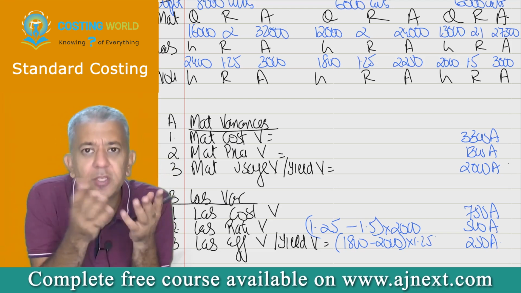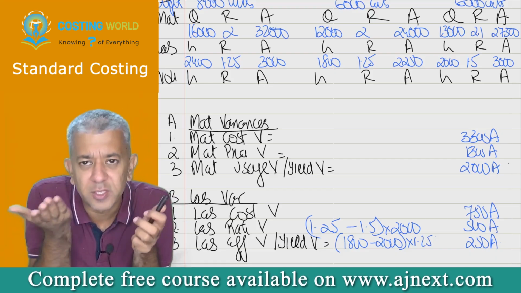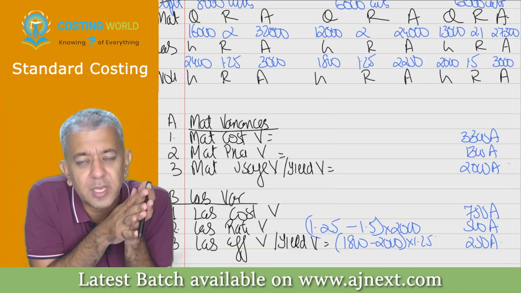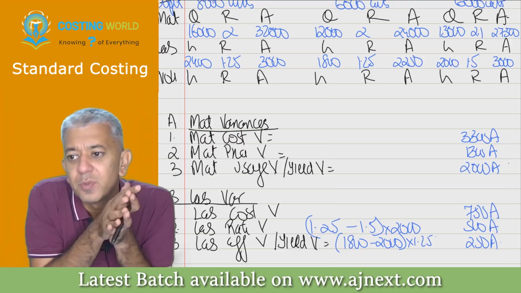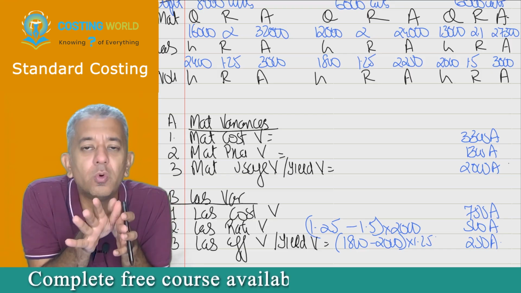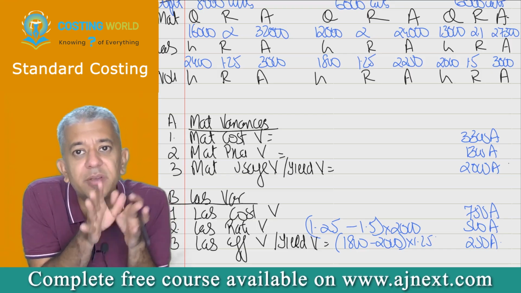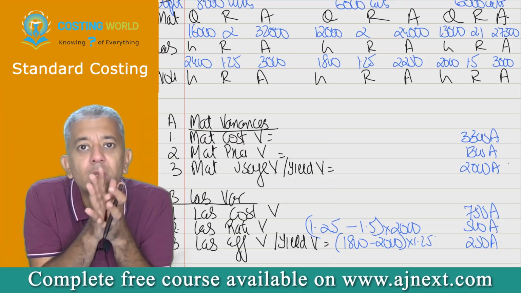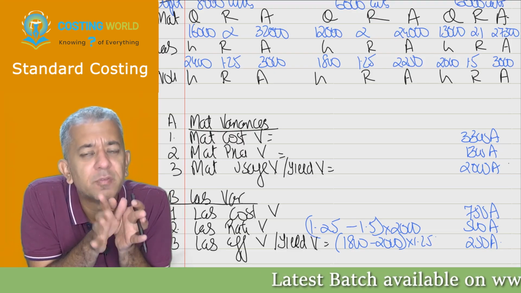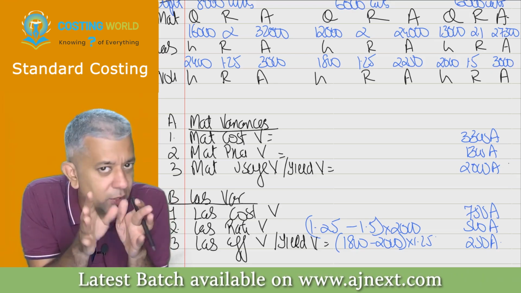You all have done your entire chapter on overheads. Overheads is not an expense, it is a head of expense, and overheads could be of so many types. For your CA Inter, all overheads will always be deemed to be factory overheads. No admin, no S&D, not there in your portion.